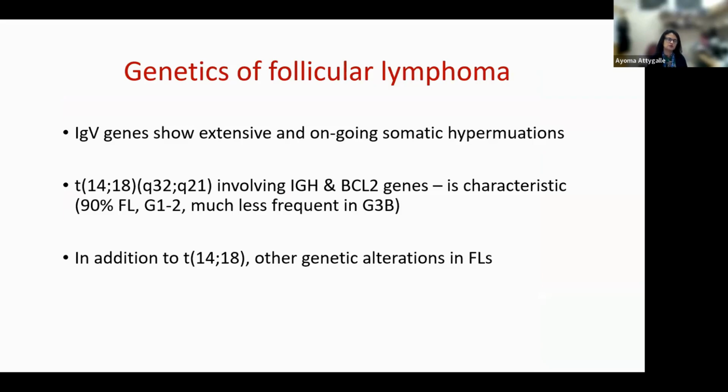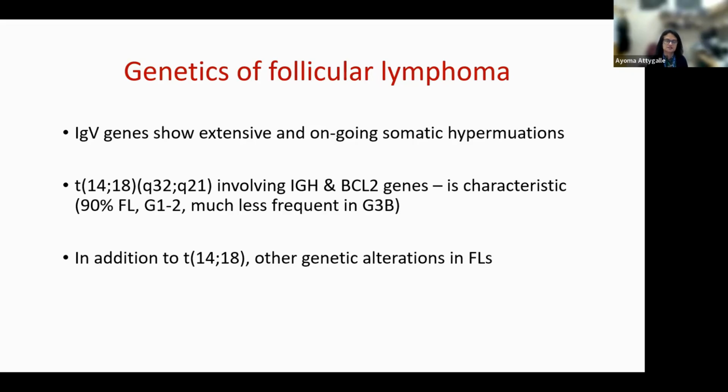The immunoglobulin genes show extensive and ongoing somatic hypermutations. Sorry, there's a typo here. In more than 90% of cases of low-grade follicular lymphoma, and much less frequently in grade 3B, you have the characteristic rearrangement, the t(14;18) translocation involving the IGH and BCL2 genes. We know that BCL2 is an anti-apoptotic gene which has to be switched off in reactive normal germinal centers.